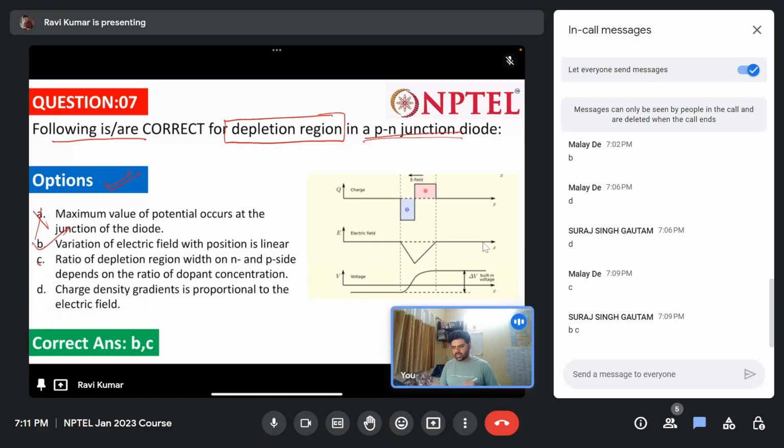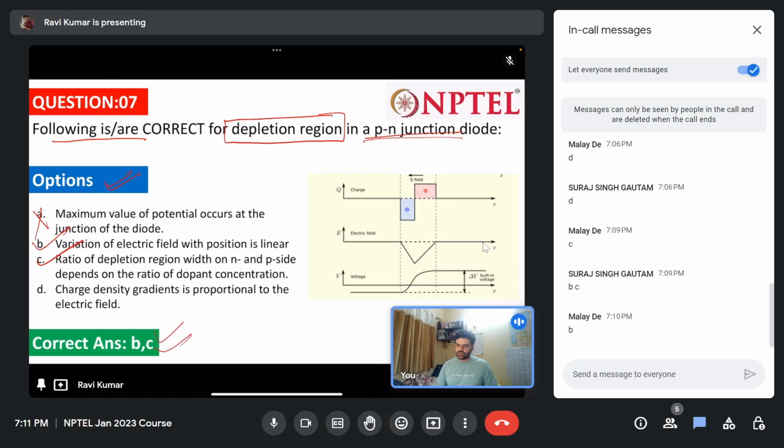B and C are right. It is a linear curve. Yes. Electric field. Yes, B and C are the right answer here.